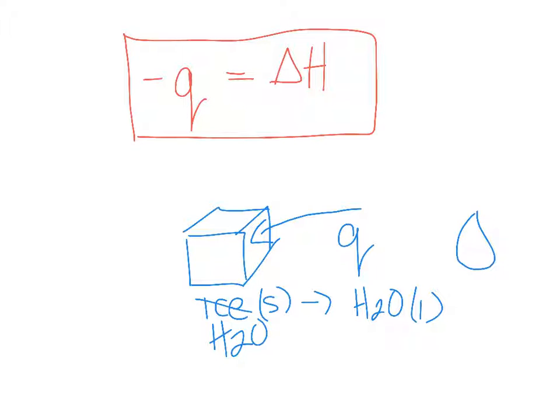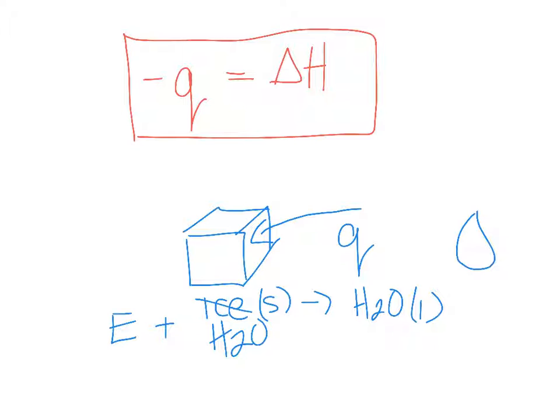So the amount of energy absorbed to melt it comes from the room, and it's just going to be the amount of energy that the air around it changed. To change this chemical equation to a thermochemical equation, we would have to put an energy on the reactant side of our equation.